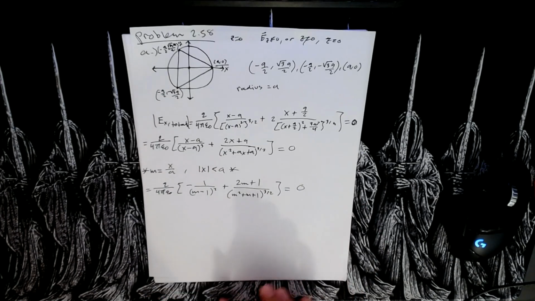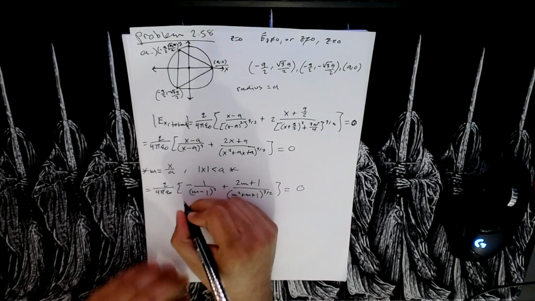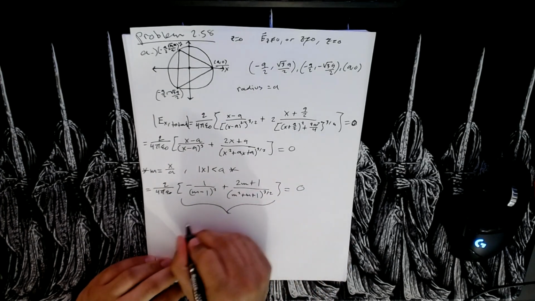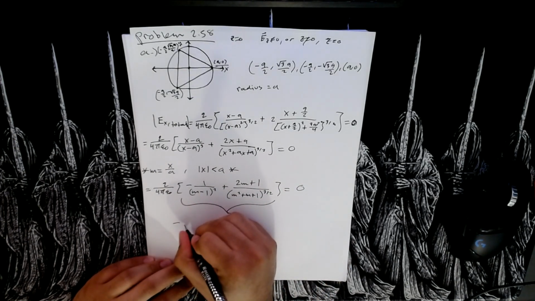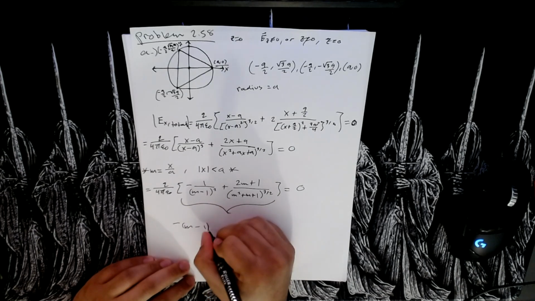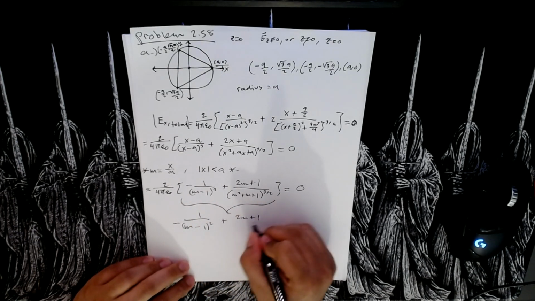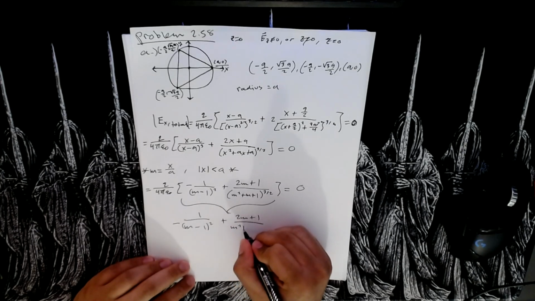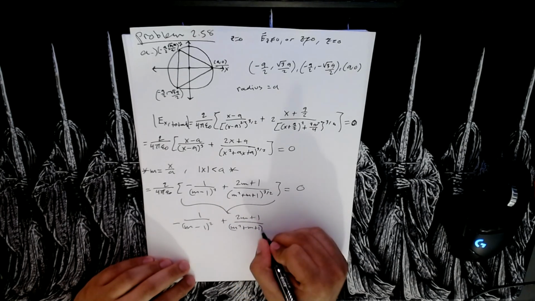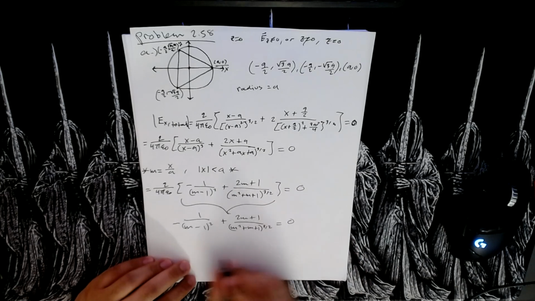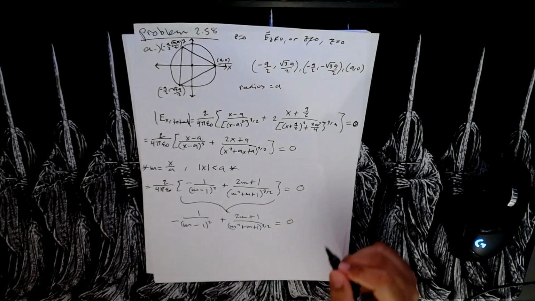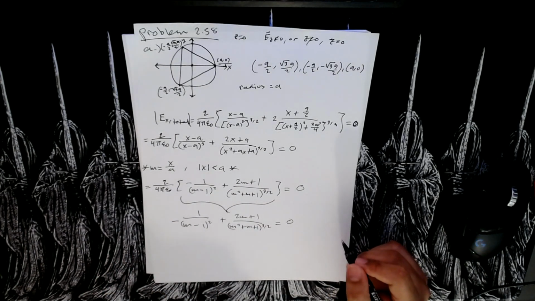From here, we're really just interested in this part. In order to find that point, we need to find when this is equal to 0 and solve for m. The problem tells us to use a computer.